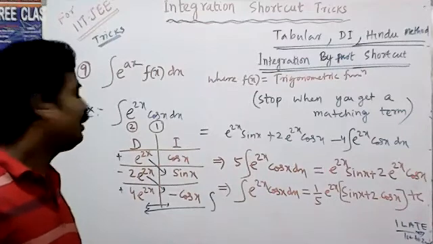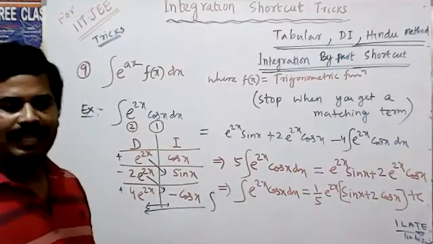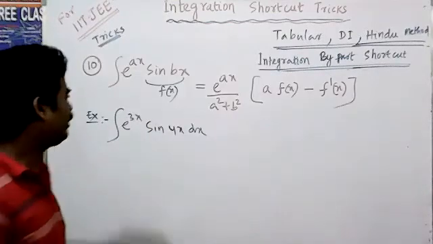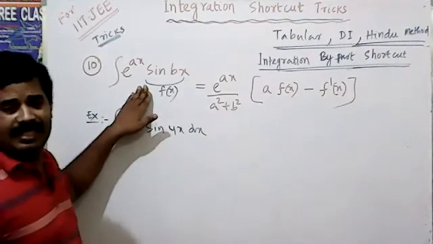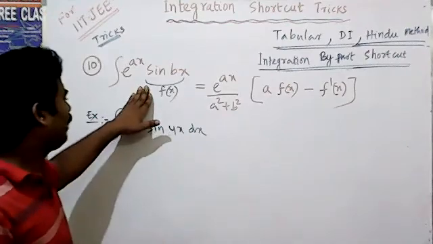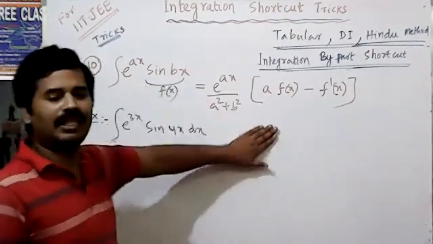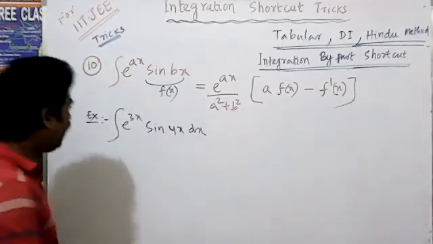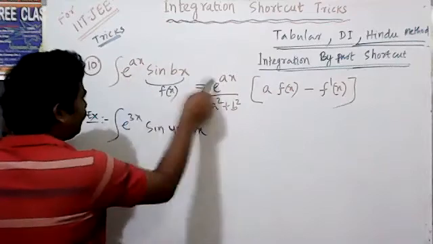Okay, another, the 10th technique. What is the 10th technique? This is a very easy technique. By practicing you can do it very easily, in 1 second. The same process is there.